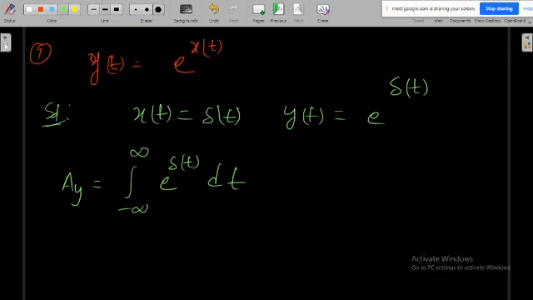What is the value of this? E power delta t dt. Anybody, what is the value of this?